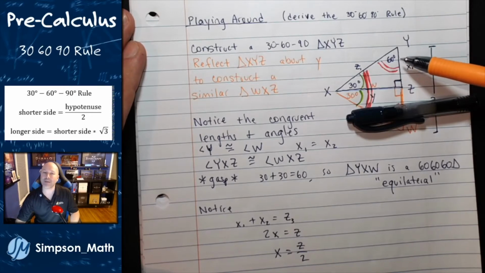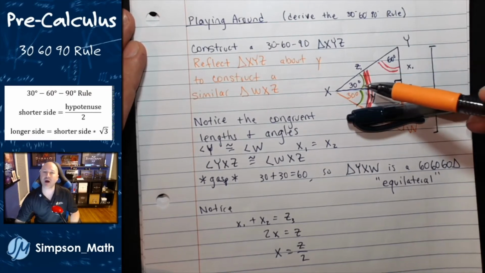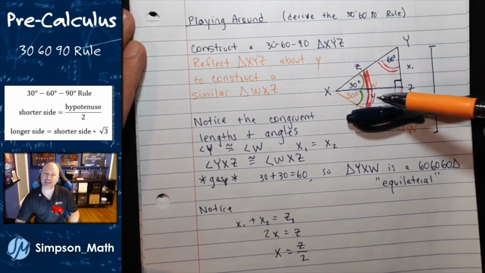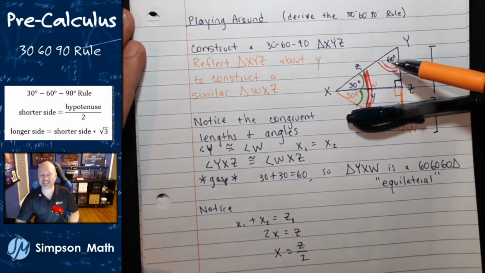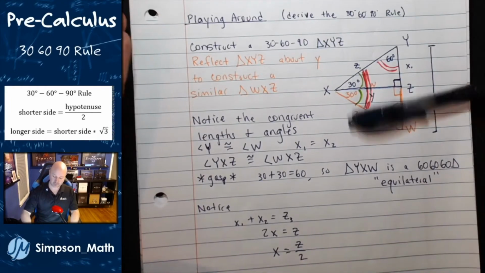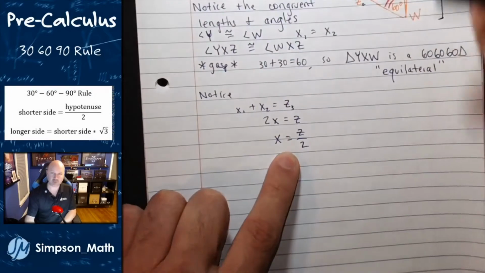So I think a good way to describe X is that it's the shorter side. The side length opposite 30 degrees will always be shorter than the side length opposite the 60-degree angle. So I'm going to take this relationship and turn it into some English, or just spit out a rule for this.